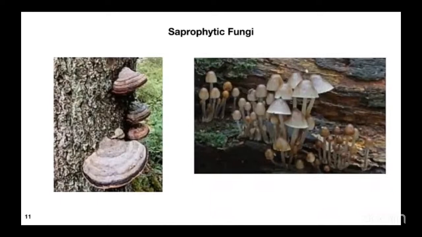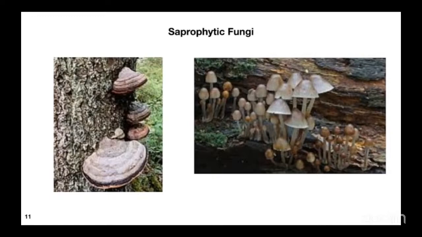Saprophytic fungi are the largest group of macro fungi responsible for breaking down and recycling dead plant and animal material. These are the fruit bodies you see on dead trees, litter, animal bones, even on feces. Saprophytic fungi release enzymes to break down and digest the lignin, the cellulose, or the chitin in this material into simple soluble compounds that can be absorbed by them and by plants as nutrients.